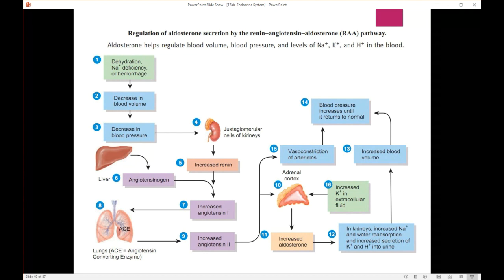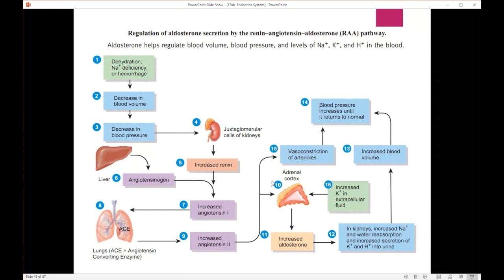Okay, that's going to convert ANG1 into ANG2. Okay, so all of that has happened, right? So we have our ANG2. Now, ANG2 is actually going to act on our adrenal cortex so that we can release aldosterone. Remember that was that mineralocorticoid that we talked about, aldosterone.